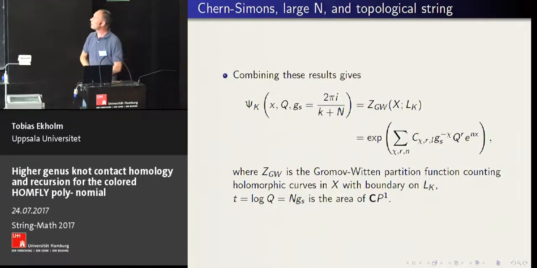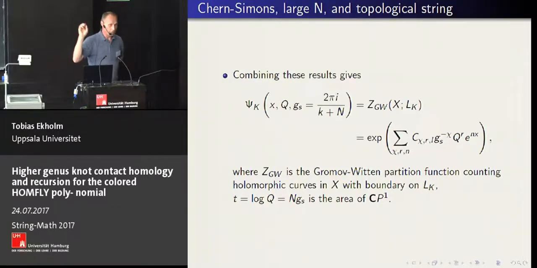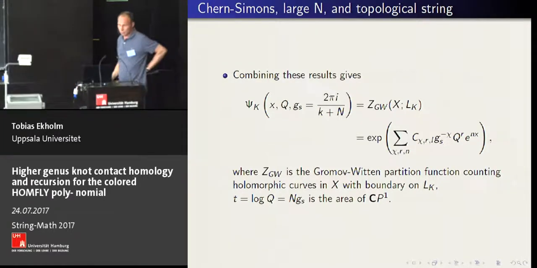And if we combine these two results, then we get an interpretation of our HOMFLY wave function as the Gromov-Witten partition function, which counts holomorphic curves in the resolved conifold with boundary on the Lagrangian conormal, which we now view as sitting inside the conifold.